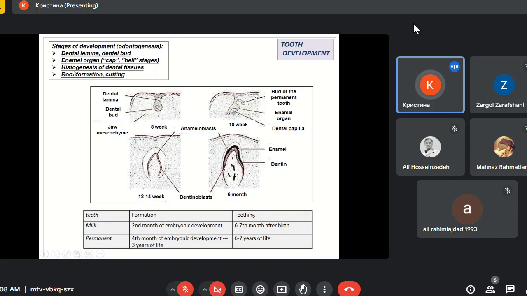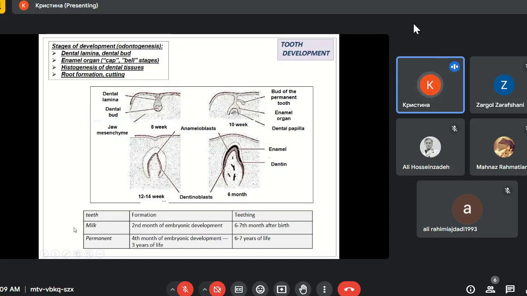Histo means tissue, genesis means development. So during this stage, the tissues of the tooth start to develop. It means that enamel starts to be produced and dentin. And also the pulp develops, and next we will have the root formation and the cutting of the tooth, the teething.